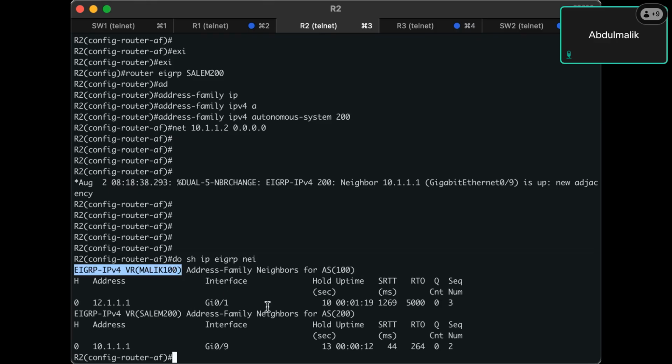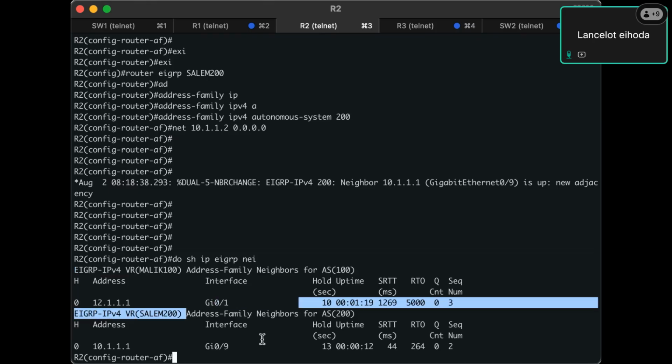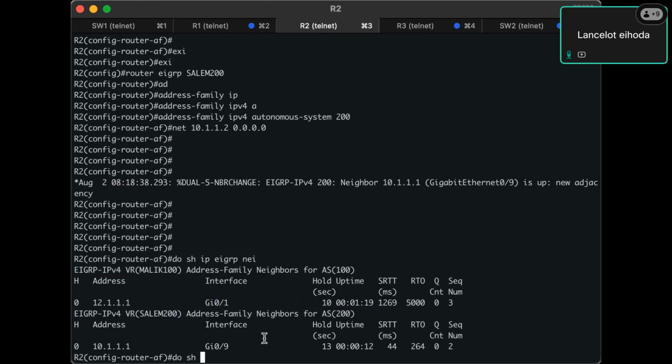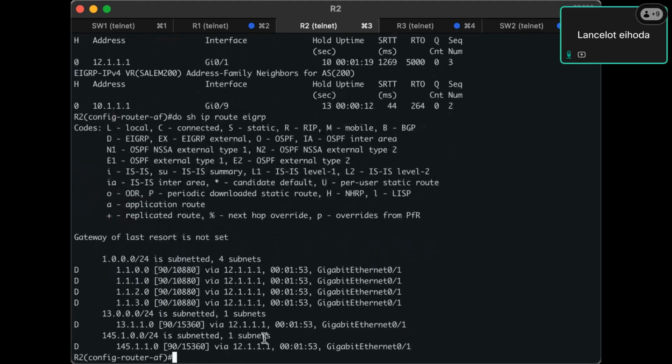On AS 100 Malik, and then Salem on that. So do show ip route eigrp. We can see all these loopbacks that are coming from router 1, yes? And then the 13 network, which is between router 1 and router 3.